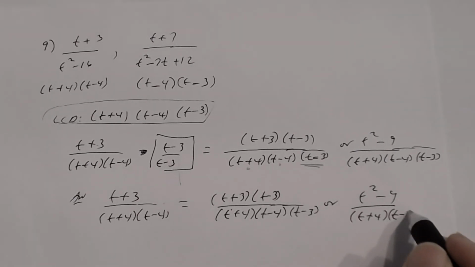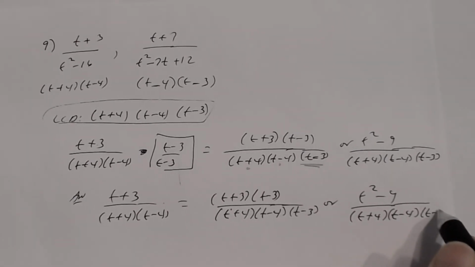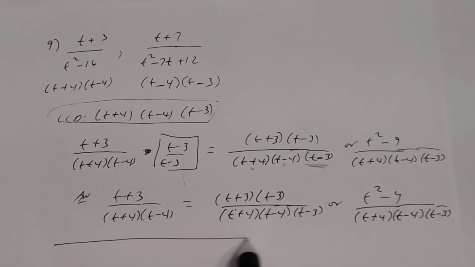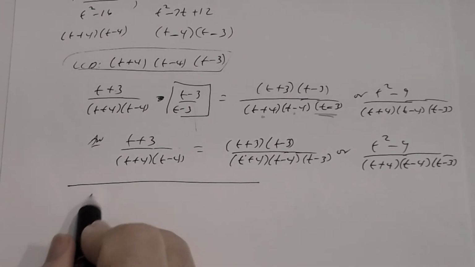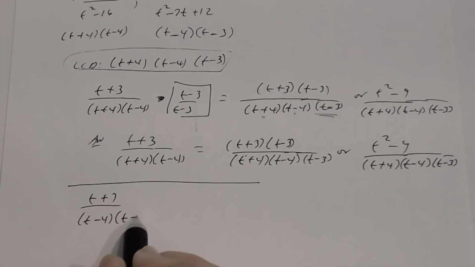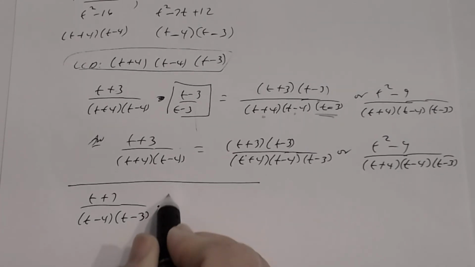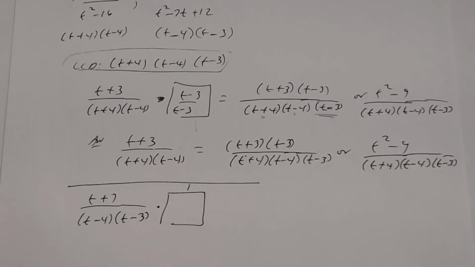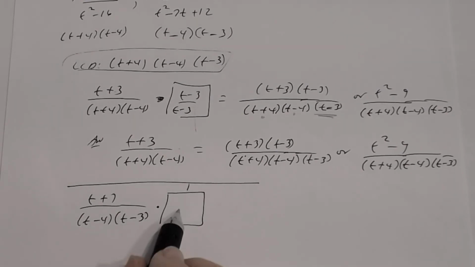Let's do the next one. So that takes care of the first one. So the next one, meaning this one, I have t plus 7 divided by t minus 4 times t minus 3. So I have to multiply that by some rational expression that's equal to 1, because this times whatever this is, which is a 1, will give this back.